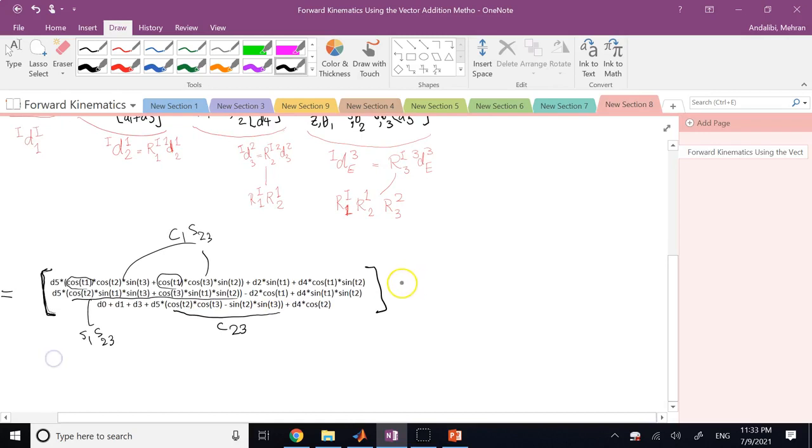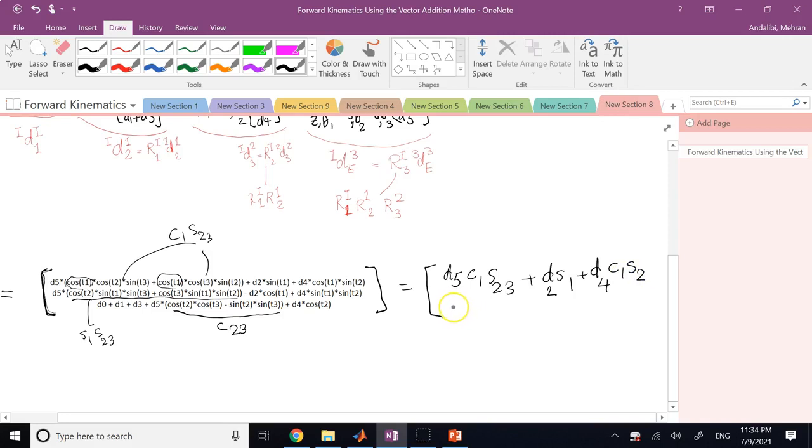So if I want to write it in short notation in a nice way, it is going to be D5 times C1 times S23 plus D2 times S1 plus D4 times C1 S2.